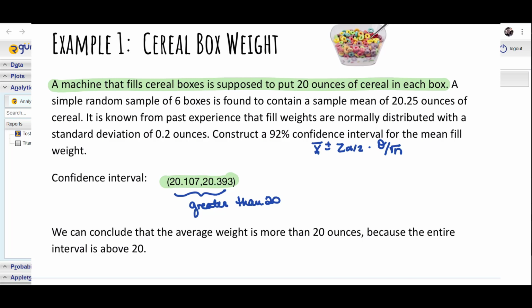So that means we can conclude that the average weight is more than 20 with 92% confidence. Again, because the entire interval is above 20. And so, we made some conclusions about the population there. We concluded that it's overfilling, the machine is overfilling the boxes based off of this confidence interval.